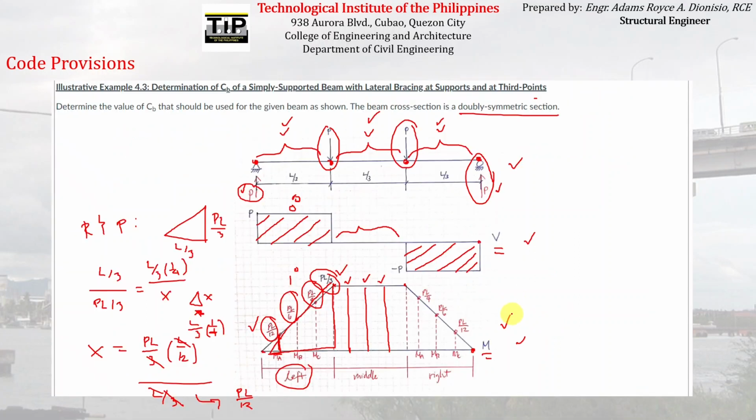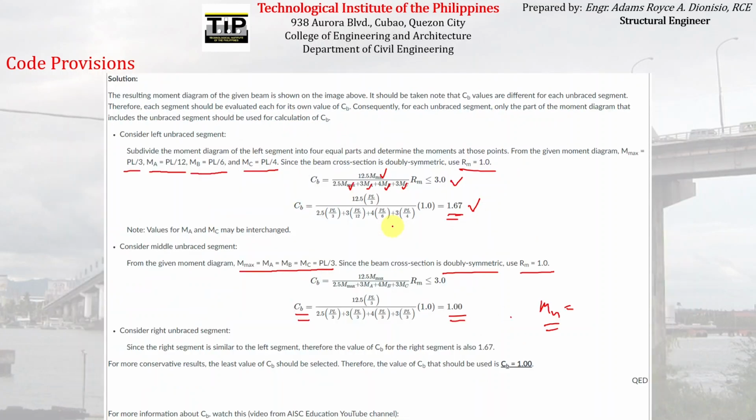We can see that if there is a constant moment on the unbraced length, you can expect that there is no effect from the LTB modification factor, meaning there is no modification that needs to be applied on that particular span of the beam, since the bending moment there is just constant.